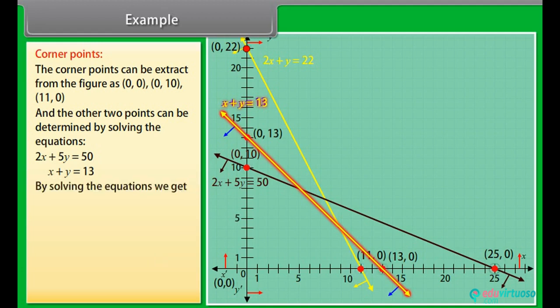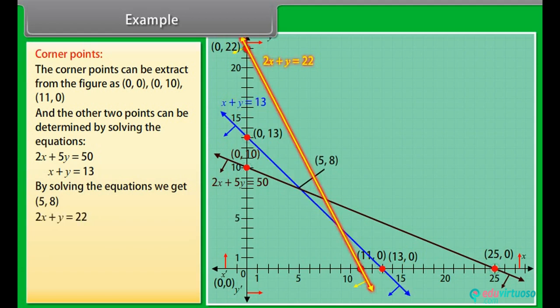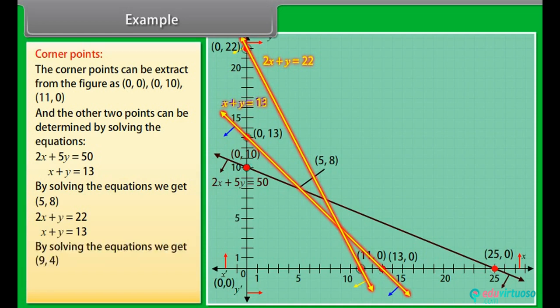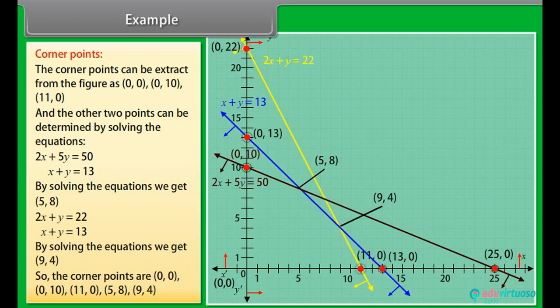By solving the equations, we get (5, 8). 2x plus y is equal to 22 and x plus y is equal to 13. By solving the equations, we get (9, 4). So, the corner points are (0, 0), (0, 10), (11, 0), (5, 8), and (9, 4).